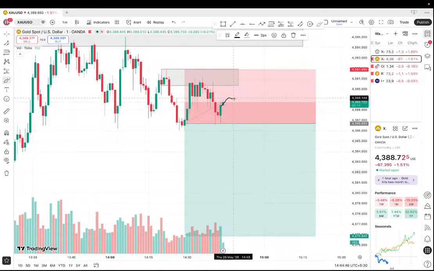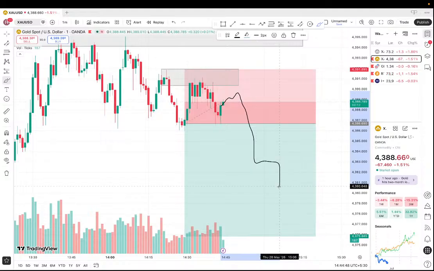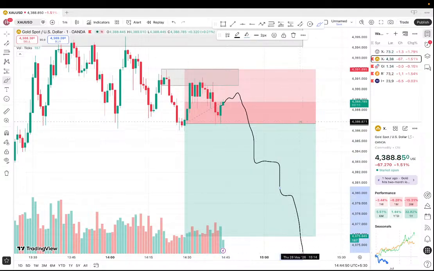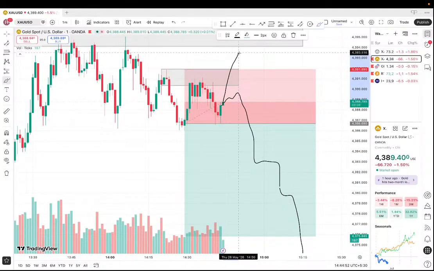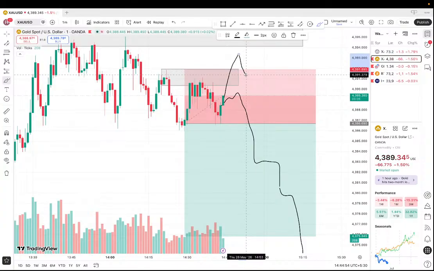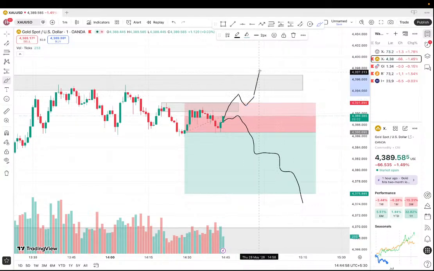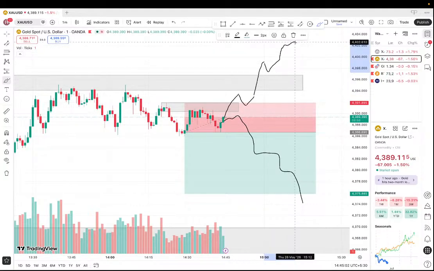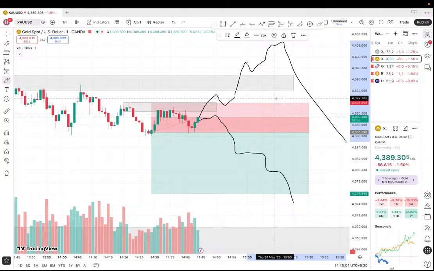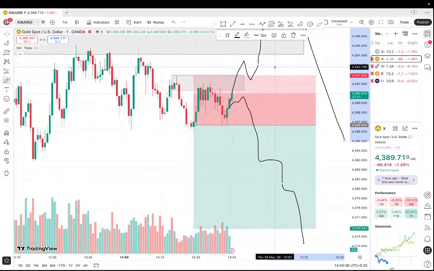Can be like this. It can be like this, or it can completely reverse. But this time, if it comes to this level, at least it's going to touch this level, and then we'll see if it continue the move or dump. So these are two probabilities right now.